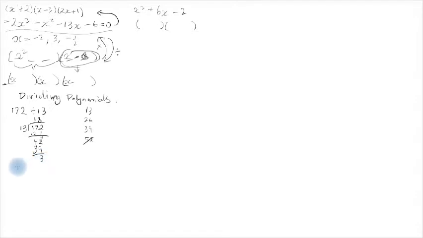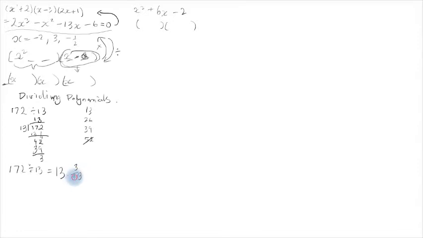So, in answer to our question, 172 divided by 13 equals 13 with 3 left over. Because it's 3 left over, it's 13 and 3 13ths.